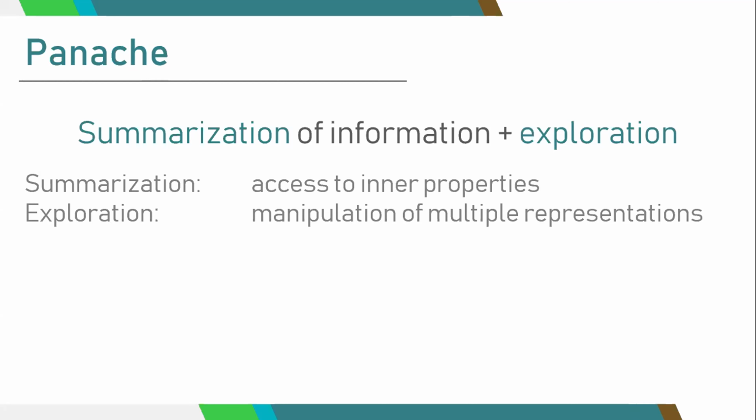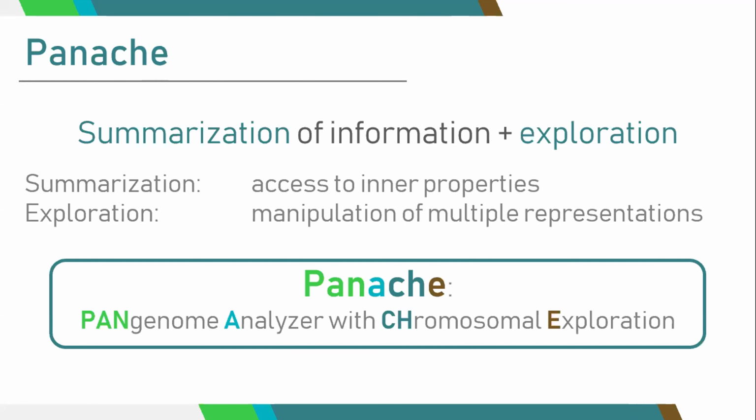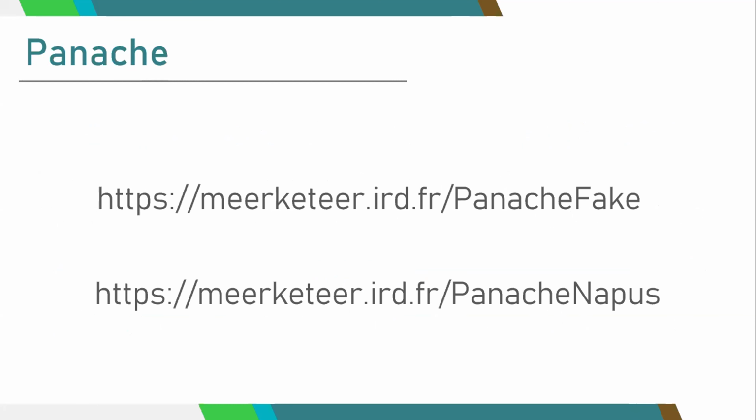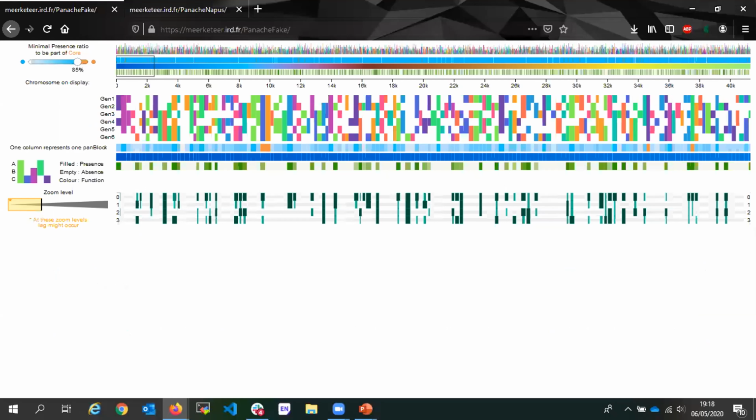And with this in mind, I worked on a prototype for a visualization tool for pangenomes that I called Panache, for Pangenome Analyzer with chromosomal exploration. And I'm going to show the prototype I've made. So here are the links, but you can see this here too if you wish to access it. It's available for everyone. You can just copy-paste the URL and try it directly.